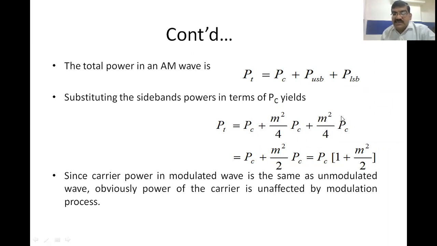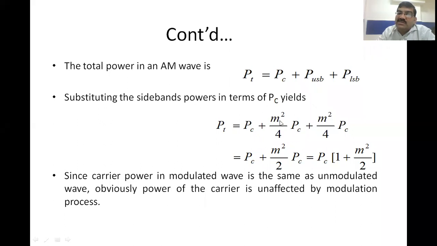Now, just now we discussed that a single sideband we can transmit, but instead of that we are transmitting two sidebands. So this is the power in single sideband, and only this is required. We are transmitting the carrier power plus one of the sidebands as additional.